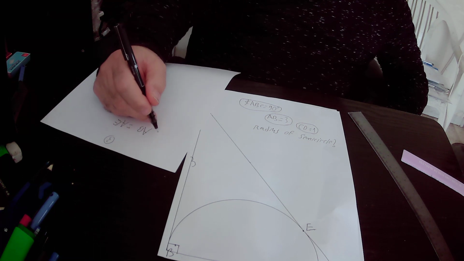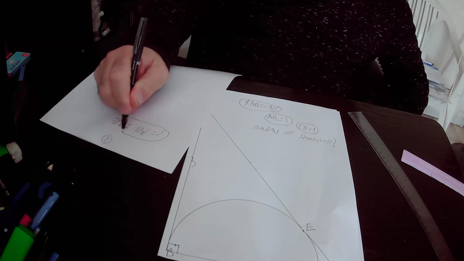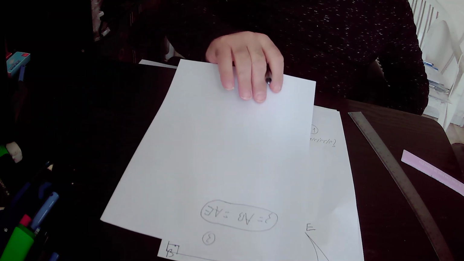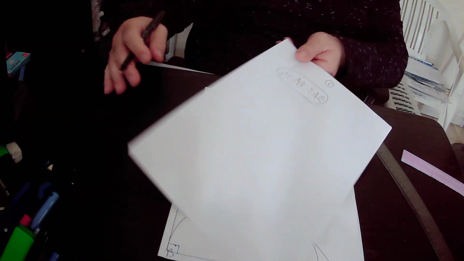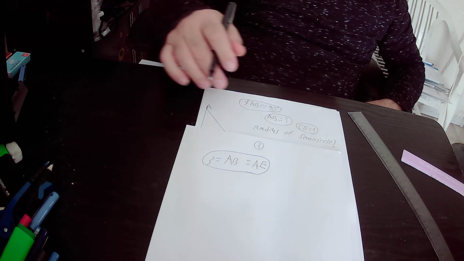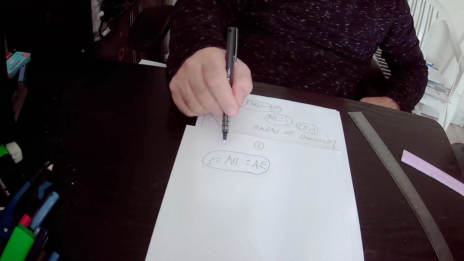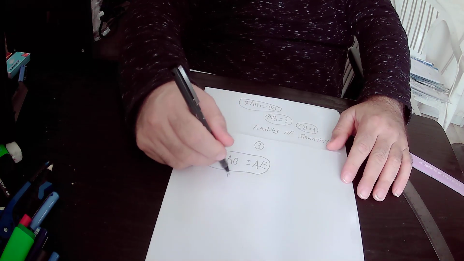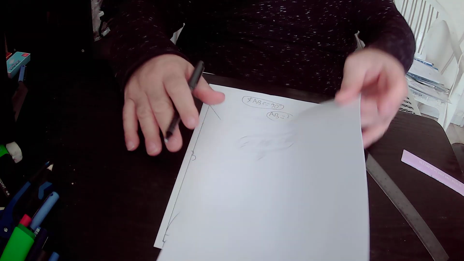So from this equality, 3 equals AB equals AE, we can derive that AE also equals 3 units.